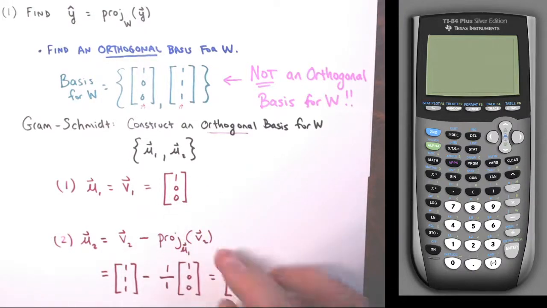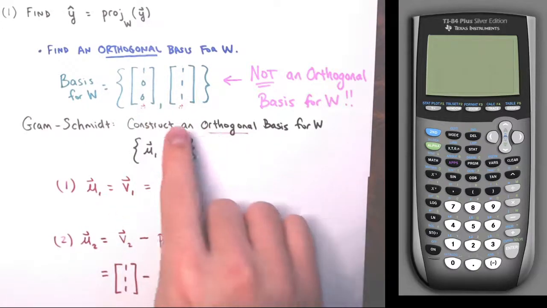So here I have now found an orthogonal basis for W, not just any old basis like I had here.